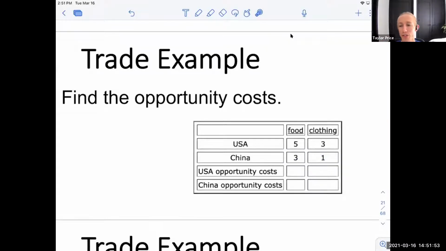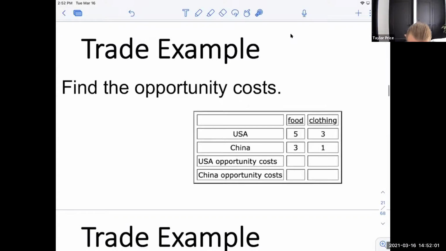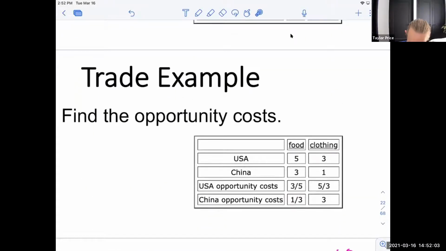So to really understand what the trade-offs are, we need to compute the opportunity costs. To do that, all we're going to do is take, for example, the US has this trade-off for food.